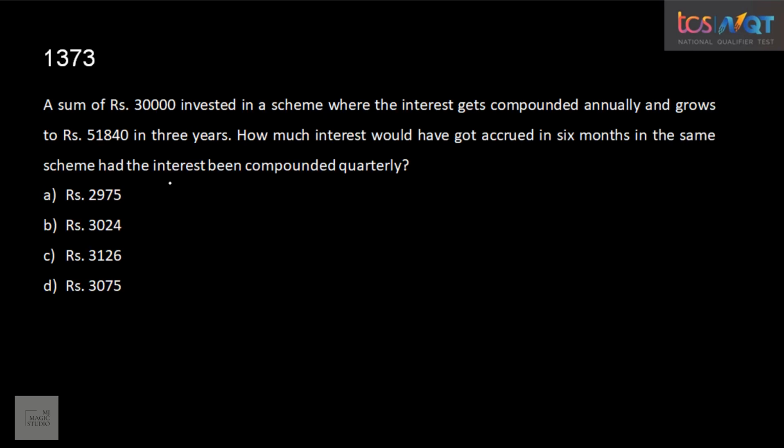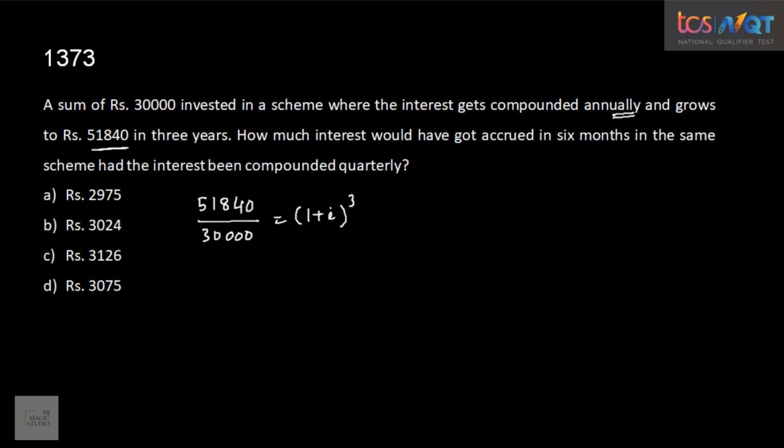A sum of rupees 30,000 is invested in a scheme where the interest gets compounded annually and grows to rupees 51840 in 3 years. That means 51840 divided by 30,000 is (1 plus i) to the power 3.